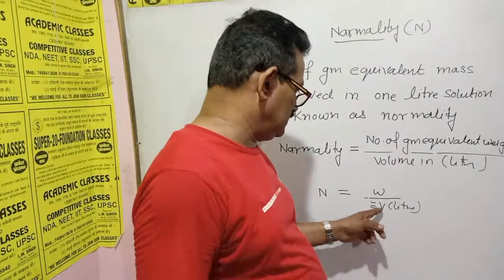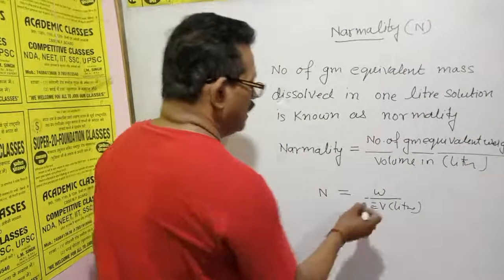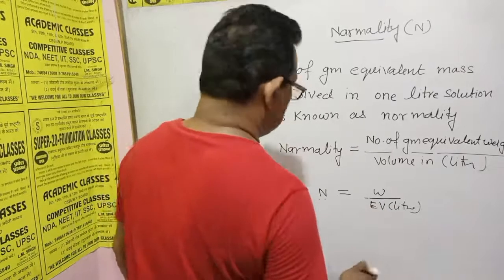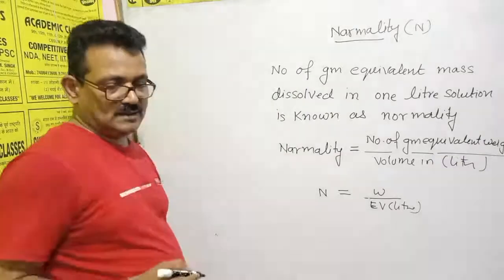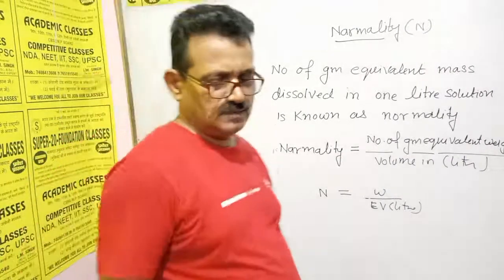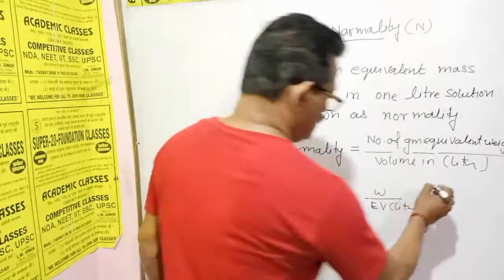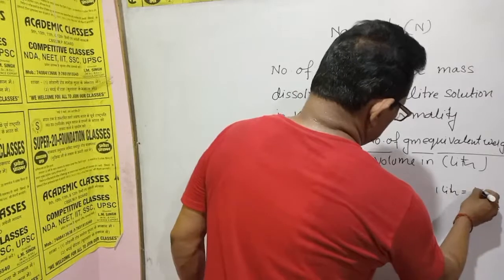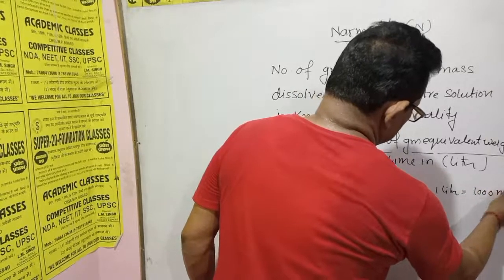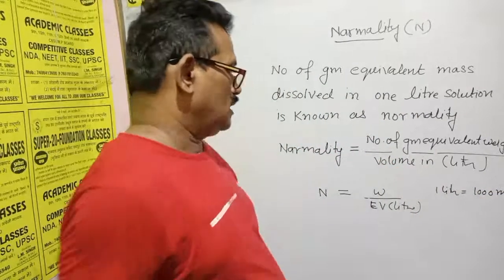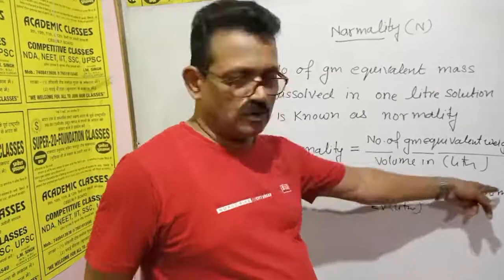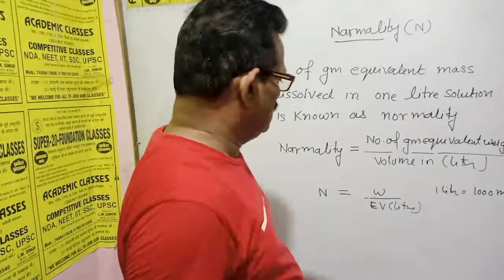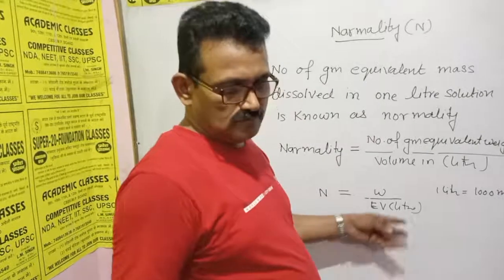Then the solution is also taken in liter here, and all students know that 1 liter is equal to 1000 milliliter. Then this can be converted into a milliliter formula.